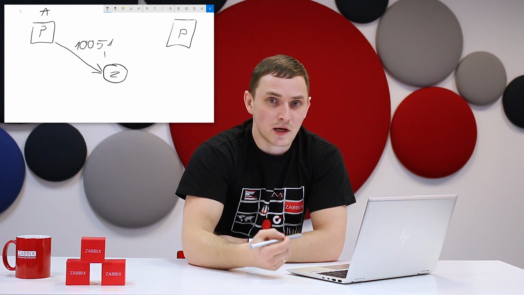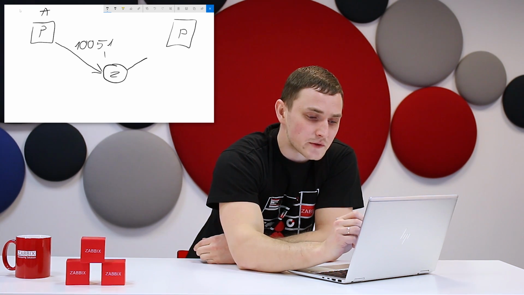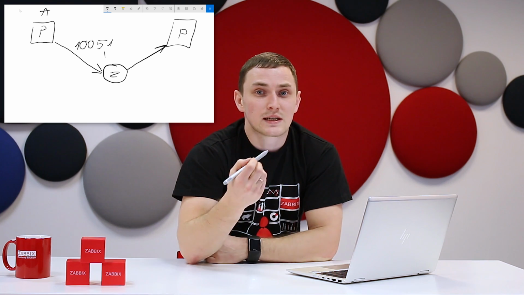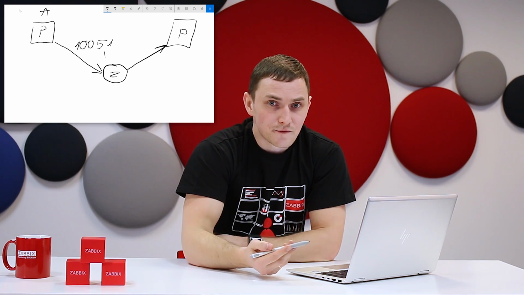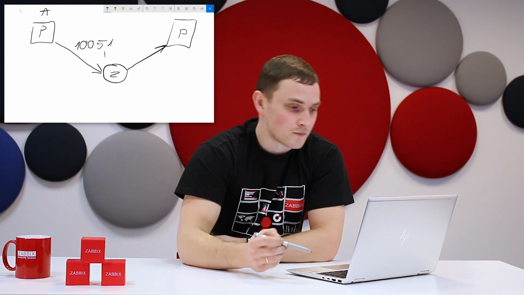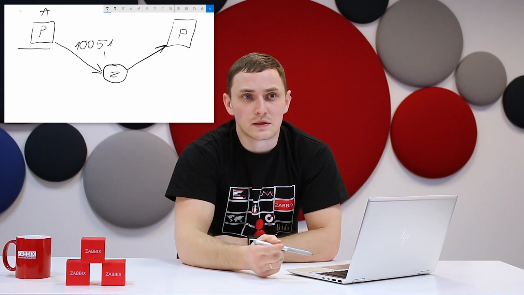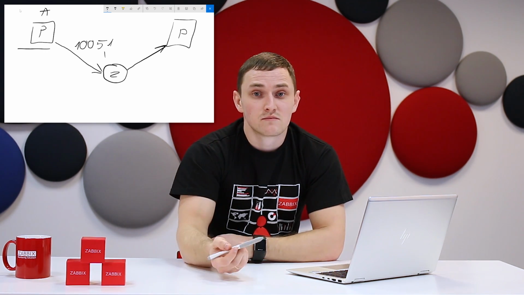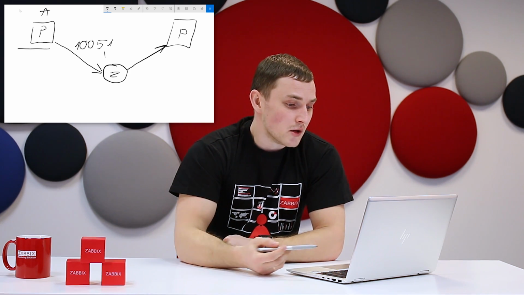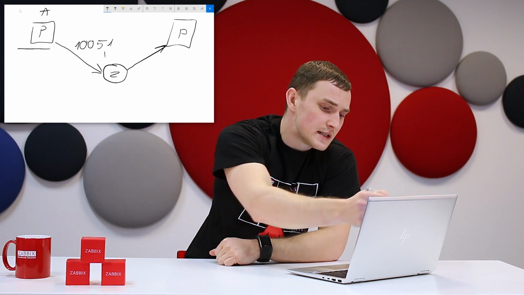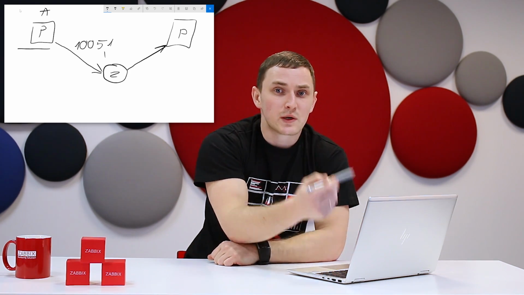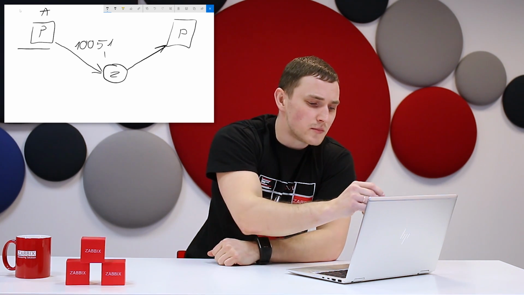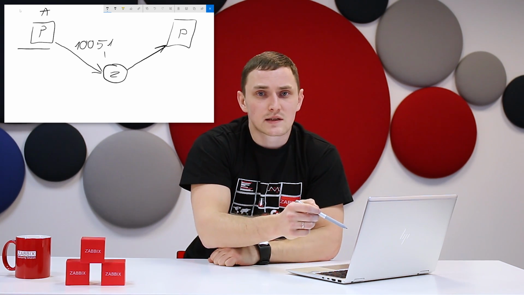The second option is having a passive proxy, which means that the Zabbix server will be responsible to connect to the proxy, send the configuration, and ask for the data. The active one is the most widely used and kind of recommended because the proxy connects to the Zabbix server, requests the configuration, does all the monitoring, and then simply sends the data back.